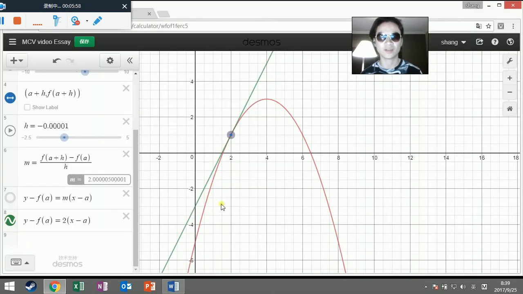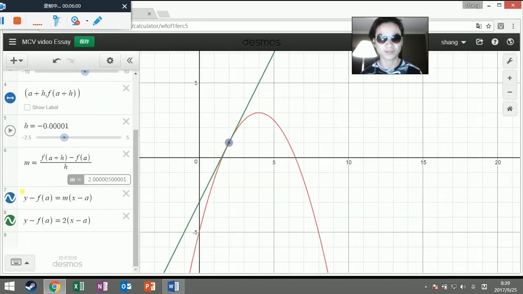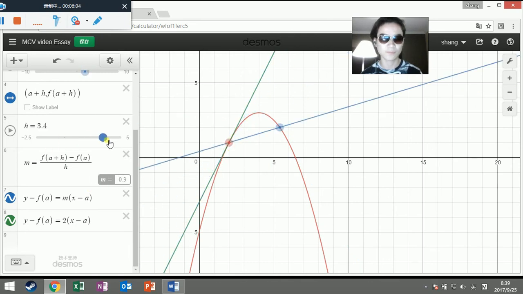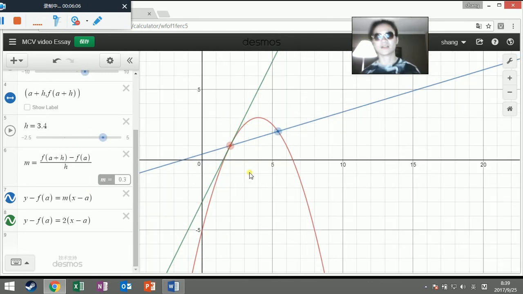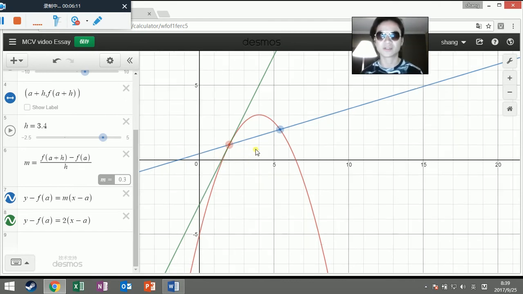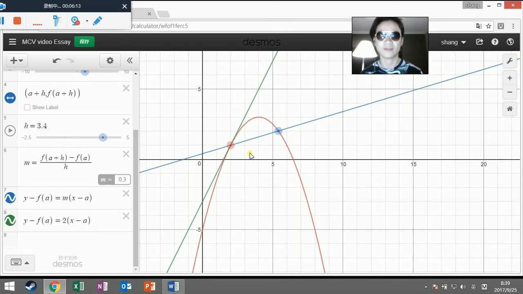So we know the rate of change has two parts. One part is when we can find the distance between these two points. This is called the secant line, and we use the slope formula m.